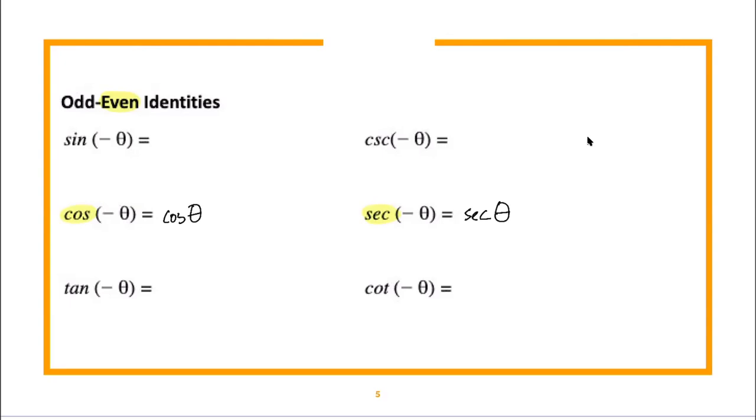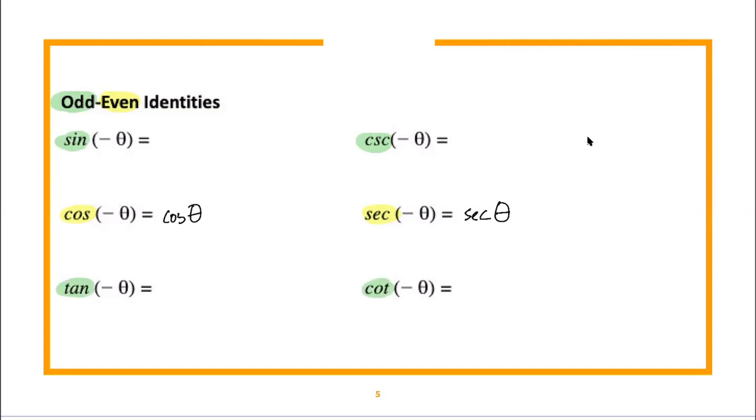The other 4 are odd functions. So sine is an odd function, cosecant is an odd function, tangent is an odd function, cotangent is an odd function.